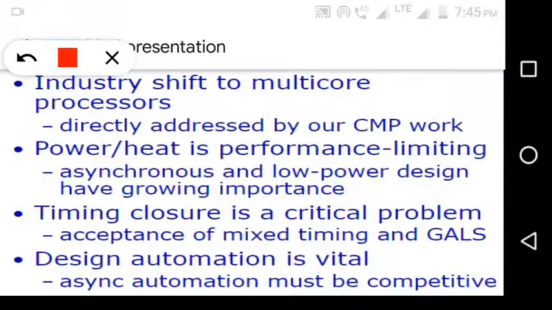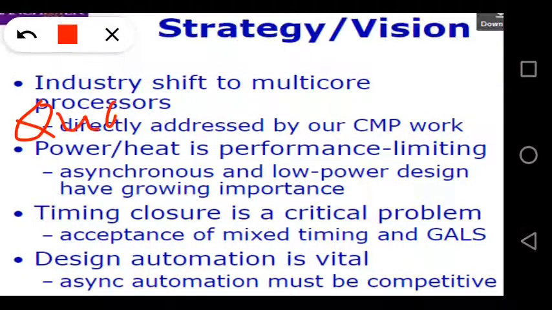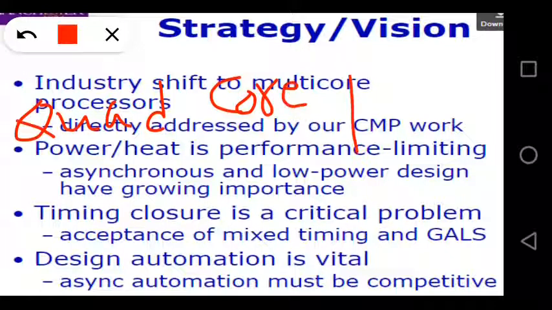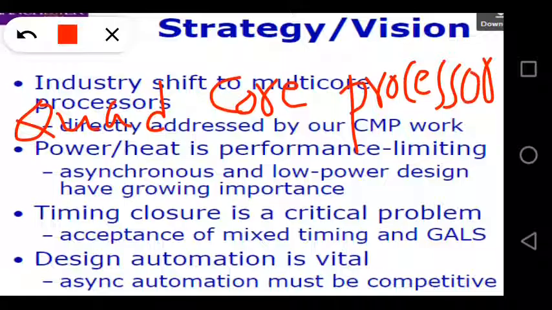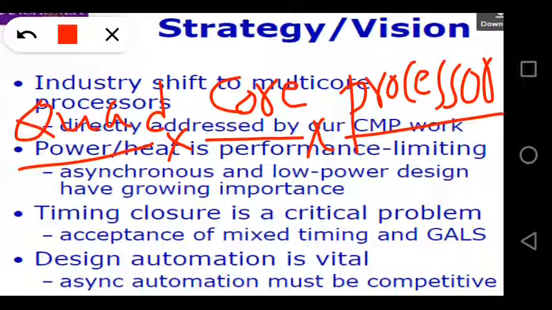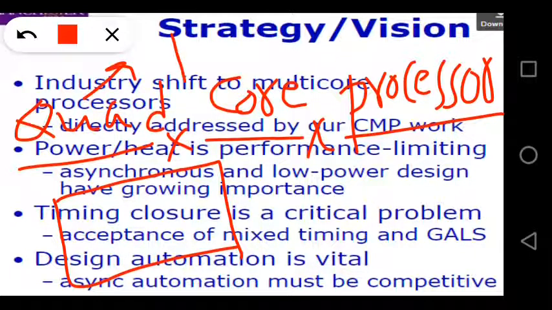Now you can easily guess what might be the meaning of quad core processor. Quad means 4.